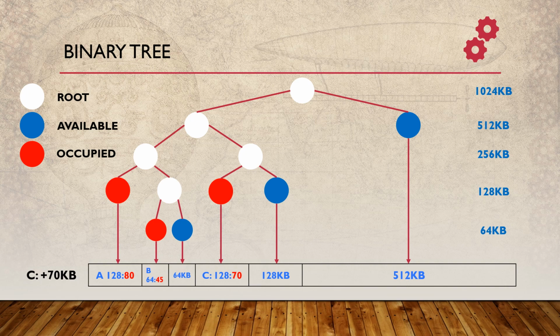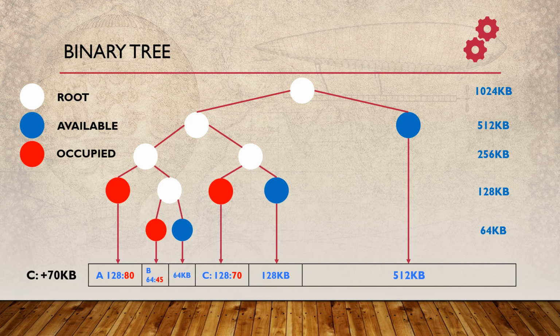In this part, you can see the blue color, which represents that it is available for use, and it is pointing downwards to the location, because in this example there is a 512 kilobytes block available for use, so the blue circle is pointing downwards.